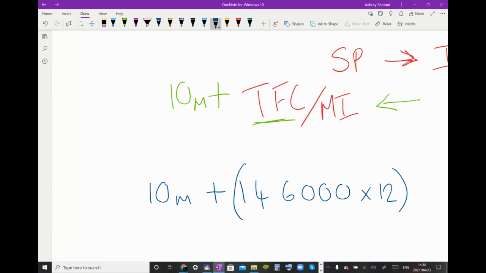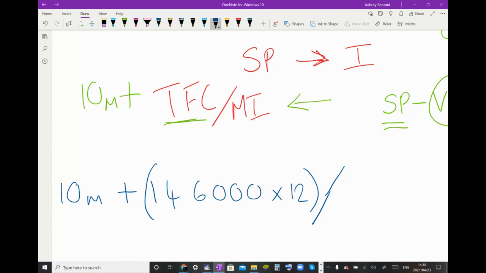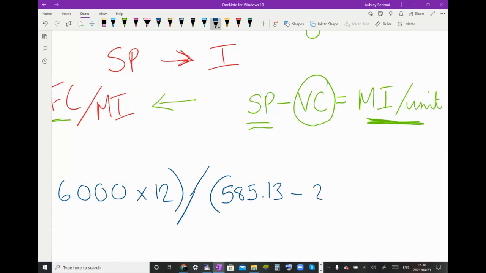Okay, all right, then that divided by our marginal income, which is going to be the selling price, I think it's 585.13, if I'm not mistaken. You guys wrote it down, all right? And then our variable cost, we said it was 200 and something.